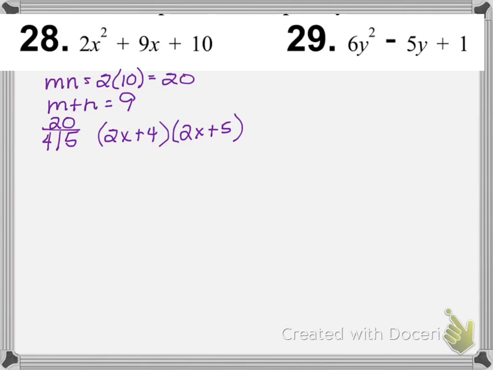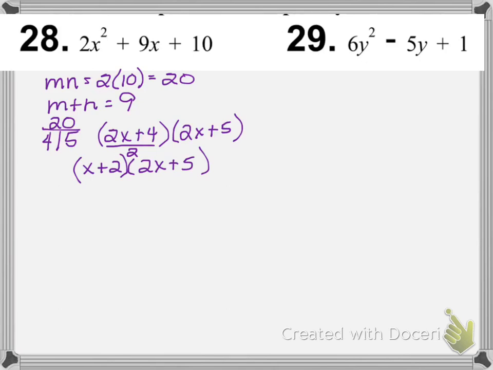Since we both have the 2x's right here, that would equal 4x squared, which is too much. So we have to reduce one of these factors. We reduce this factor by 2, and so now we have x plus 2, 2x plus 5.